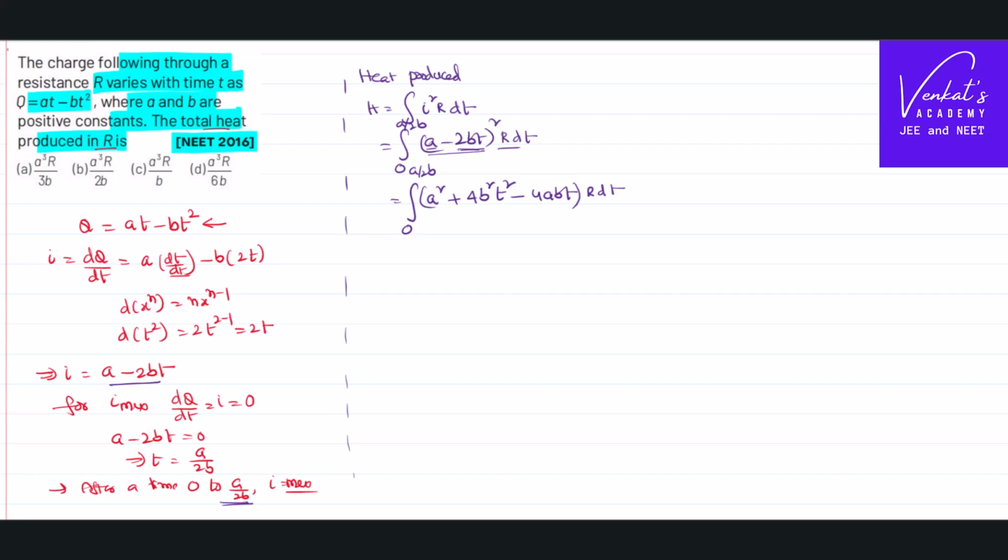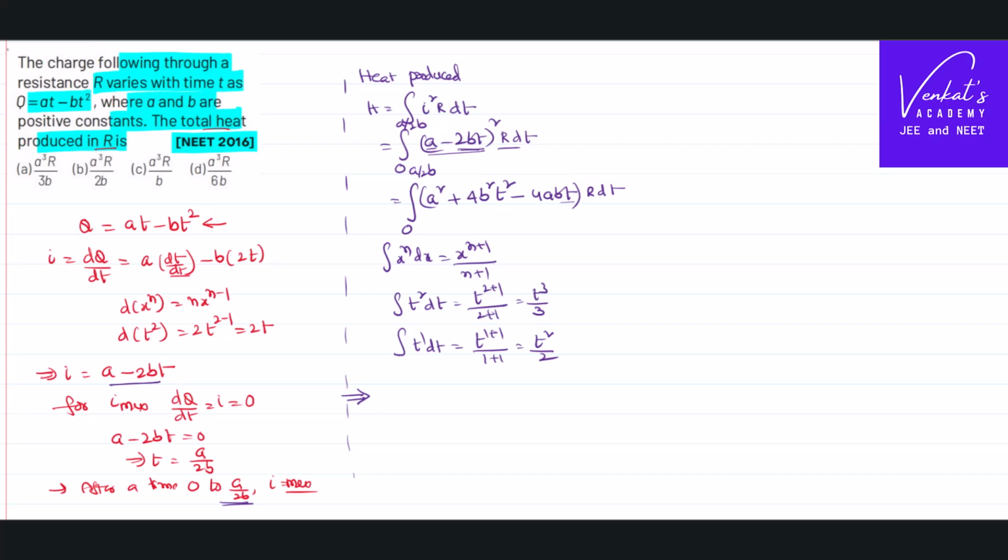Let's integrate this. I want you to remember the formula: integral of x power n dx equals x power n plus 1 by n plus 1. So the integral of t square dt is t power 2 plus 1 by 2 plus 1, that is t cube by 3. Similarly, the integral of t, that is t power 1, is t power 1 plus 1 by 1 plus 1, that is t square by 2. Let us substitute all these values and calculate the heat generated in the process.